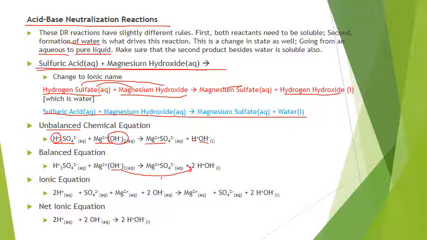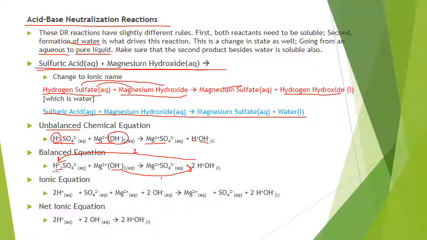Now I'm going to check: I have 2 H pluses, and yes, I have 2 H pluses. Then I check the rest and I'm done. The previous video about double replacement gives you more examples of balancing equations.